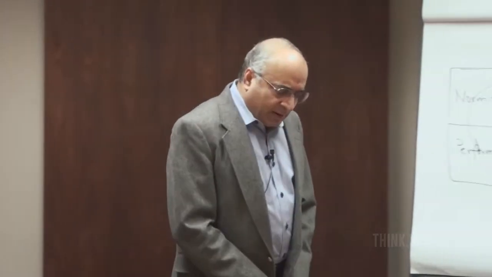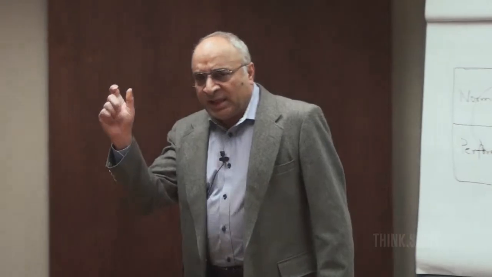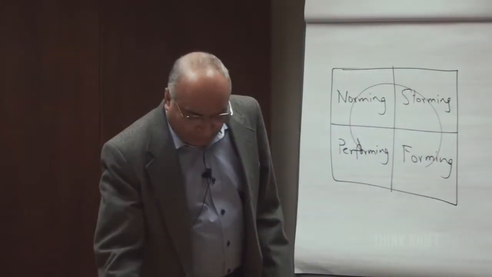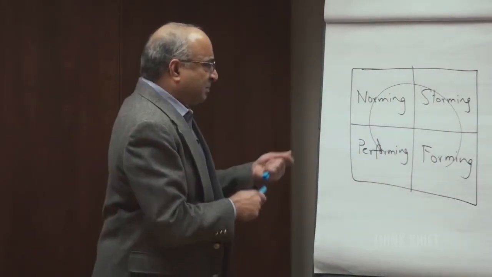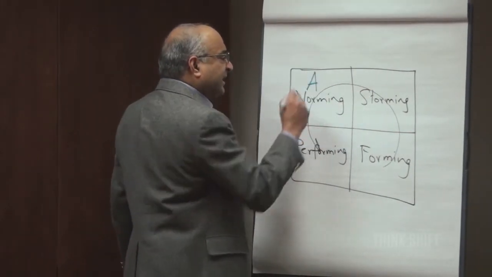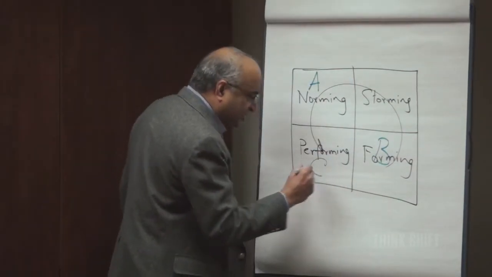Okay, now that you've written the names of these 3 teams, against each team, write down the name of the leader of that team. I'll give you a few minutes to do that. And now label the 3 teams as A, B, and C, so that you can place on this map the letters A, B, and C. You might say team A is in that stage, team B is in this stage, and team C is in this stage.